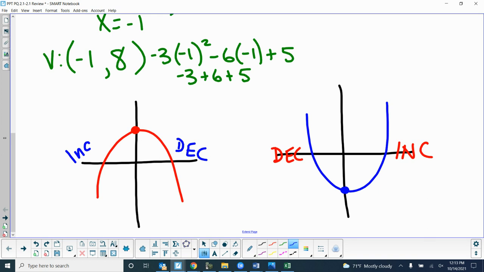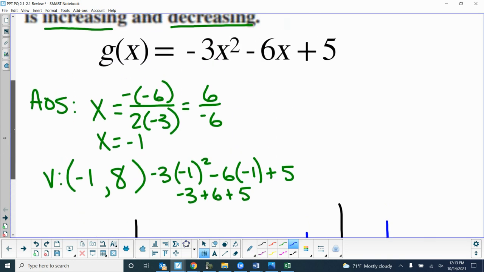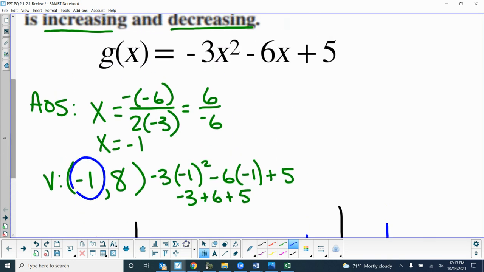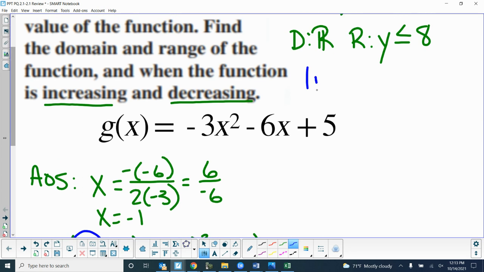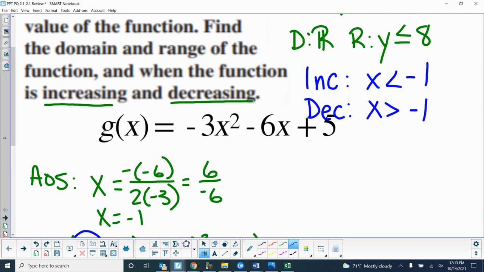Okay? Make sense? All right, so go back to this problem. Here's the vertex. That's the x value of the vertex, right? So my increasing part is less than that, and my decreasing part is greater than that.